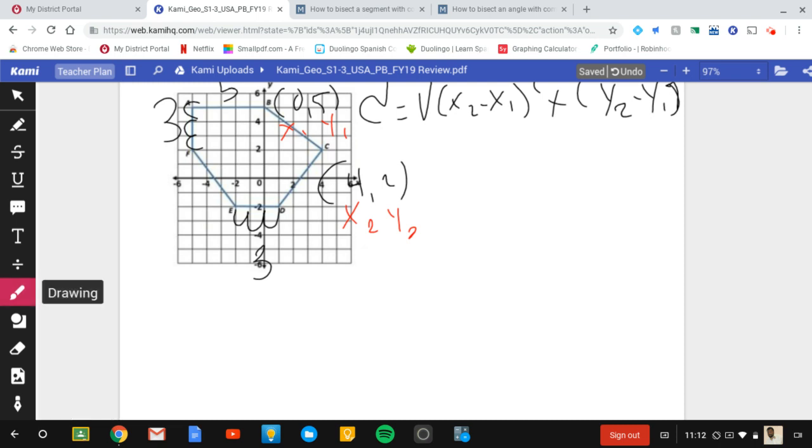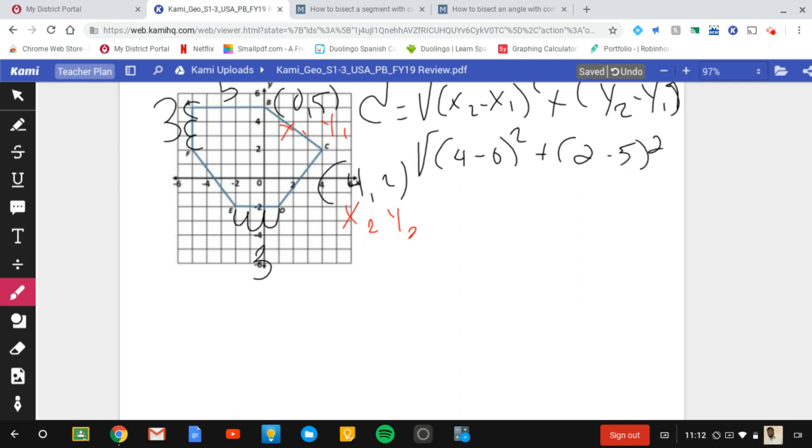So x2 is 4. It's going to be 4 minus 0 squared plus 2 minus 5 squared.